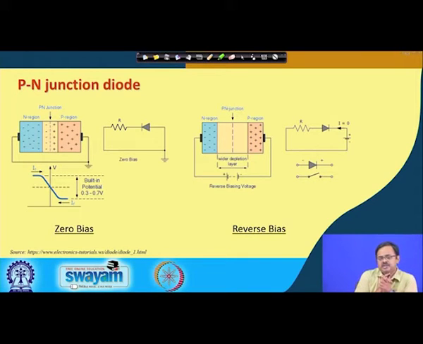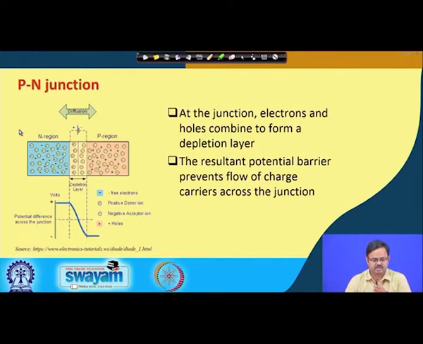In this depletion region, I am sorry, I jumped a little bit. In this depletion region, a potential difference is created as a result. Here you have no free charge carriers because the holes and the electrons have combined. On the left side you have free electrons, on the right side you have holes which can accept electrons.